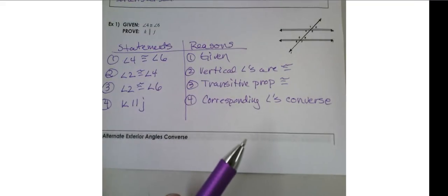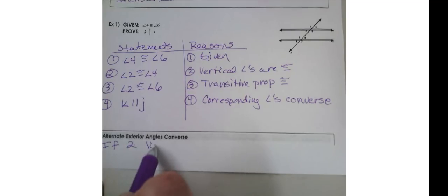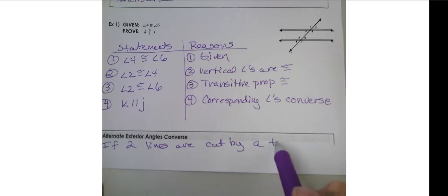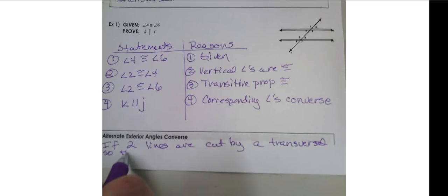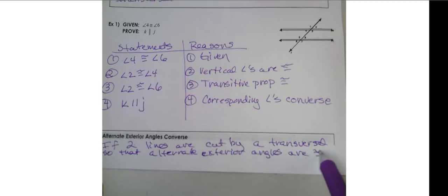And that is, if two lines are cut by a transversal so that alternate interior angles are congruent, then the lines are parallel.